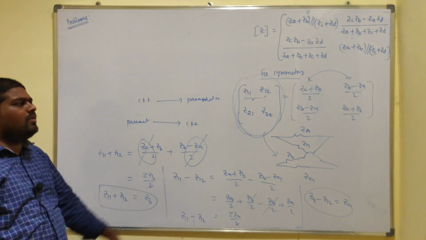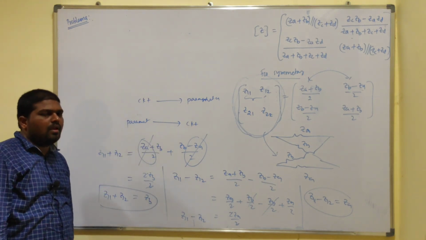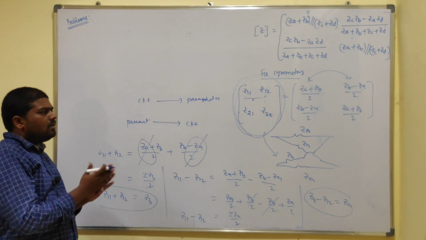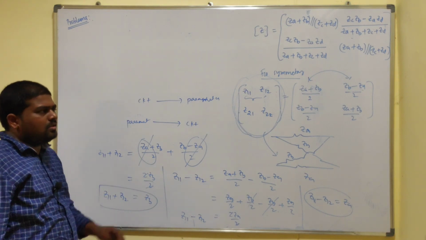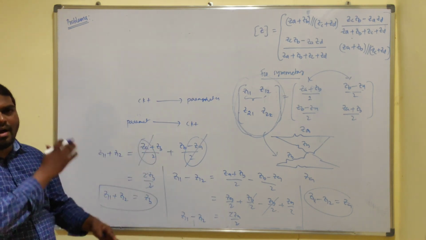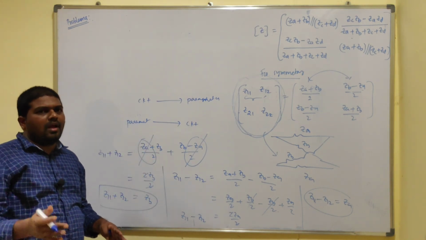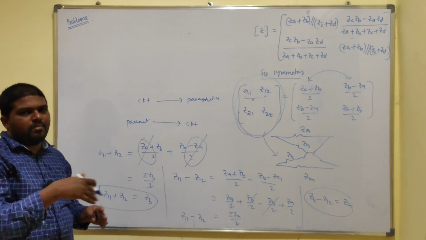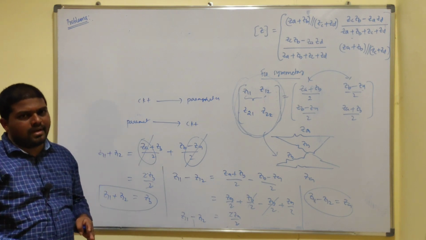The same way works without symmetry also. So this is circuit to parameter conversion and parameter to circuit conversion, right? This is also one method, and it is applicable for all six parameters. Already we covered the basics of z parameters and y parameters, and some examples were also calculated.